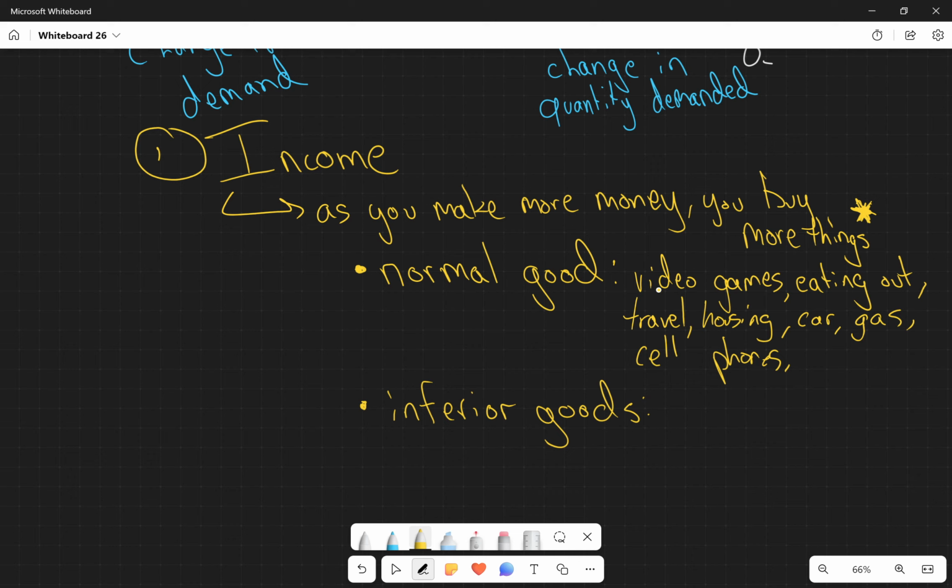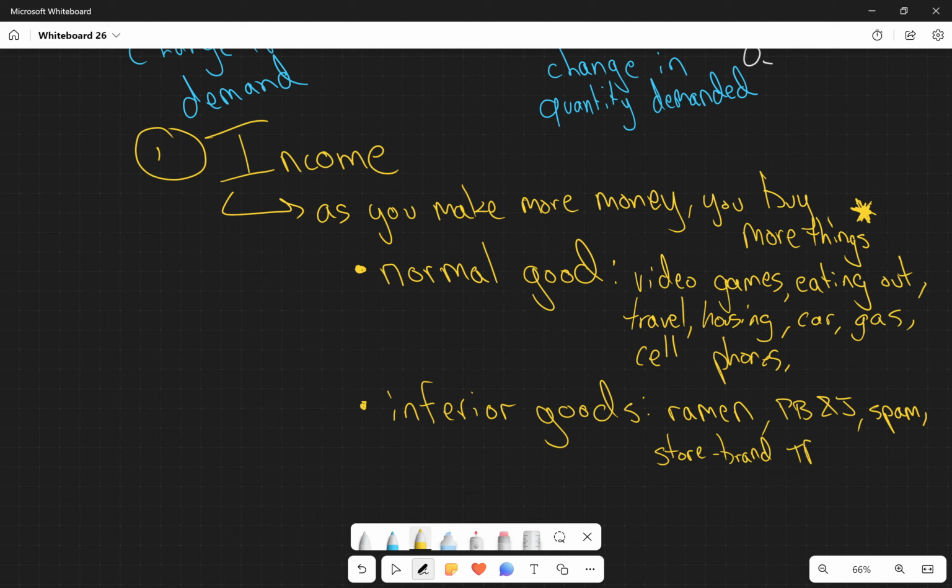These are goods like Top Ramen, not the fancy kind that you get at a store, but the orange packets that are like 10 cents each. So ramen, peanut butter and jelly, Spam, store brand toilet paper. Nothing I hate worse than terrible toilet paper.